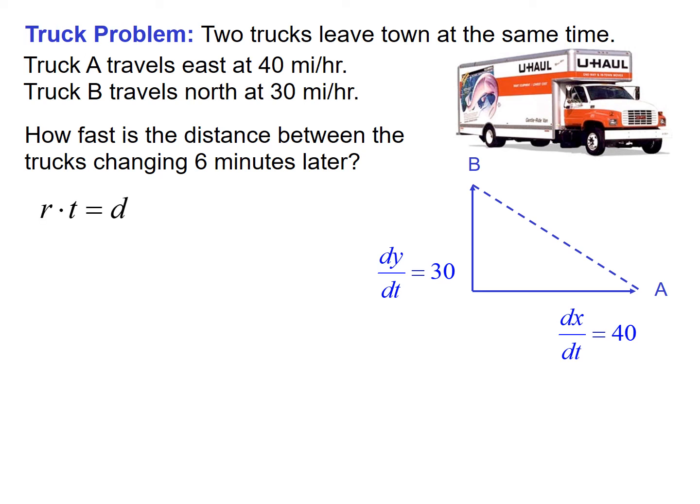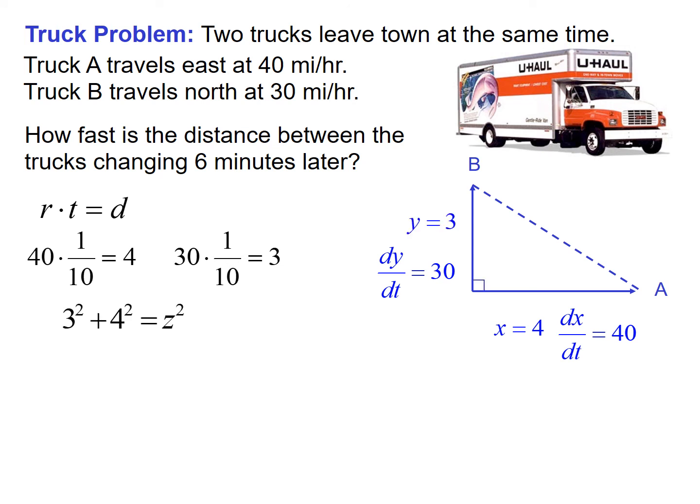We know that distance equals rate times time, and the time here is 6 minutes, which is 1/10 of an hour. So multiply the rate times 1/10 to find the distance that each truck has gone after 6 minutes. We can find the length of the hypotenuse by using the Pythagorean theorem. 3 squared plus 4 squared equals z squared, and that's a 3, 4, 5 triangle, so z equals 5.